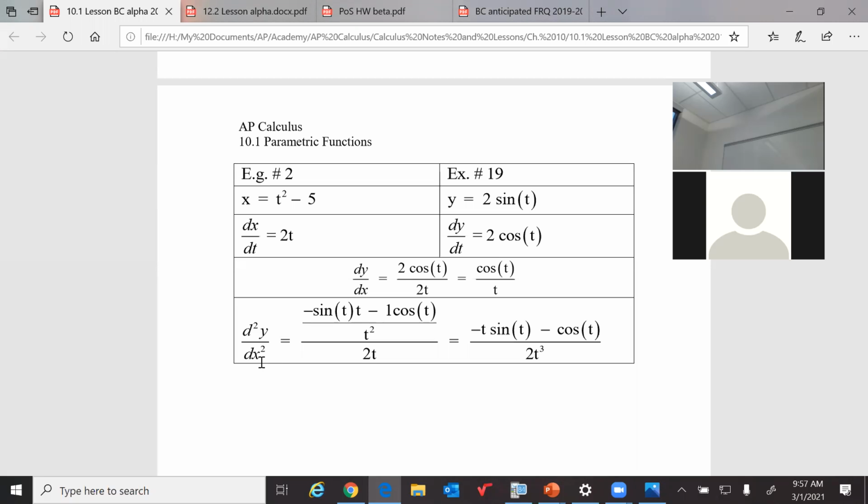The derivative of cosine t is negative sine t. Subtract the derivative of the denominator, which is 1, times the numerator, which is cosine t.